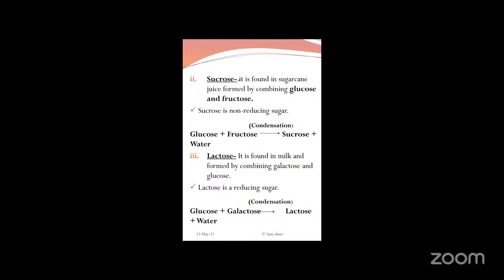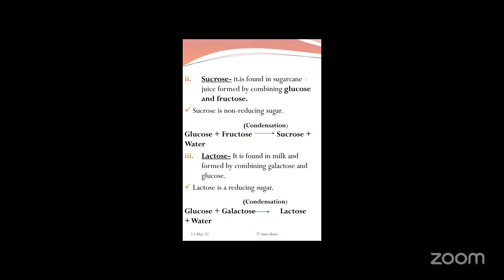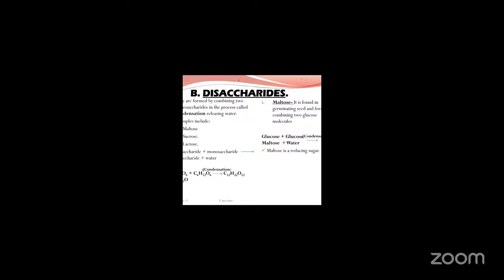And then finally, the third type of disaccharide is lactose. Lactose, of course, is found in milk, and it is formed by combining glucose and galactose. There is one thing I want you to understand and note here: glucose is constant all over. To make maltose, we combine glucose and glucose. Two molecules of glucose will form a disaccharide known as maltose plus water.